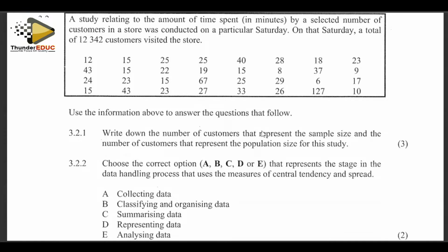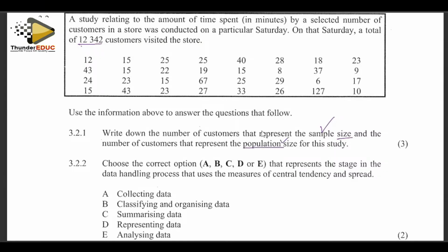On that Saturday, a total of 12,342 customers visited the store. Use the information above and answer the question that follows. Write down the number of customers that represented the sample size and the customers that represented the population size.